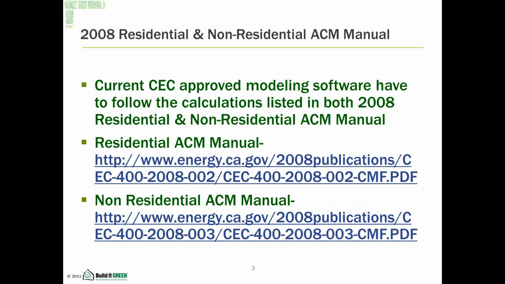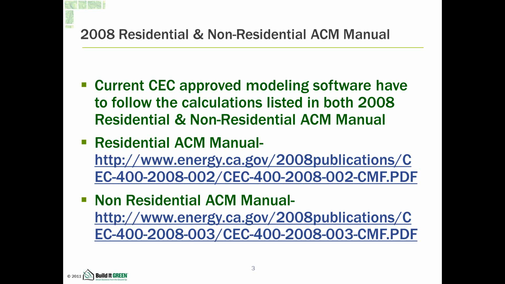Okay, so Energy Pro follows the 2008 residential and 2008 non-residential ACM manual. The ACM manual is an alternative calculation manual that dictates how energy compliance software runs calculations in California.